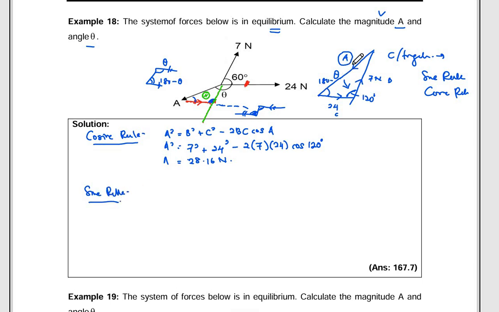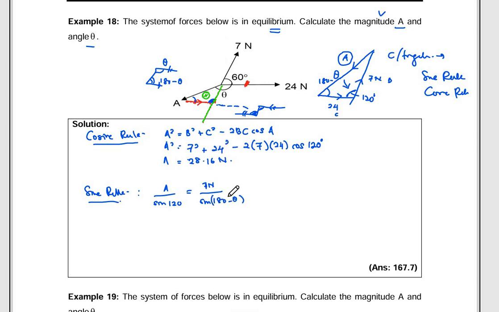Okay, saya ambil A lah. Okay, saya ambil A dengan B. So, sine rule kata A divided by sine 120. Okay, is equivalent to, I ambil B 7 Newton. 7 Newton divided by sine 180 minus theta.